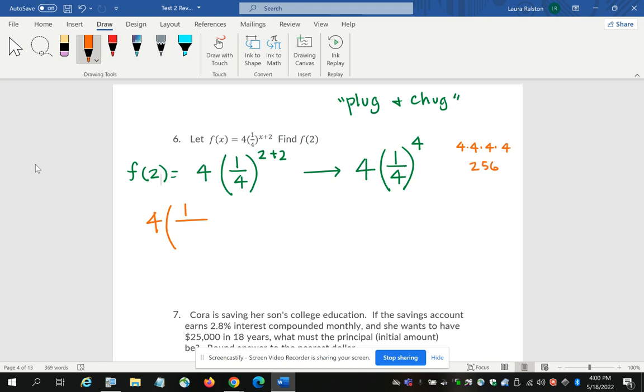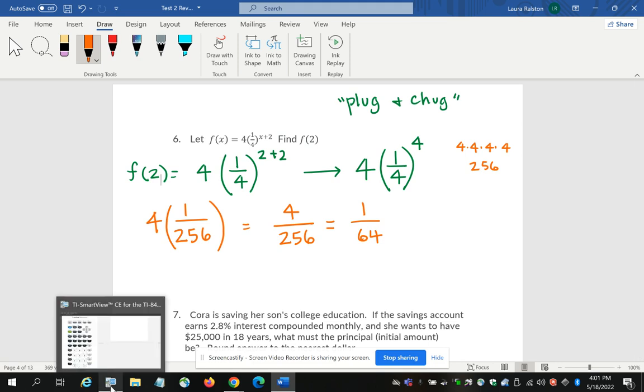So 4 to the 4th is 256. 4 times 1 over 256 gives me 4 over 256, and you always want to simplify your fraction. It becomes 1/64.